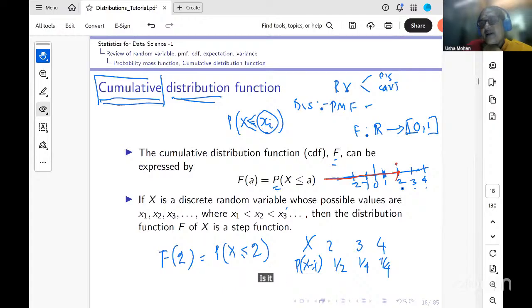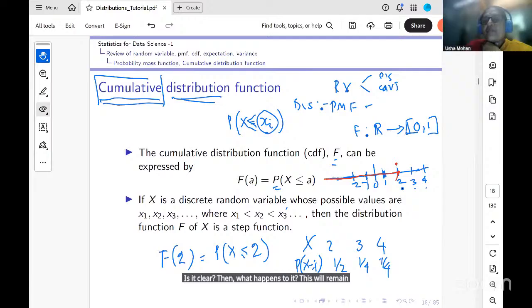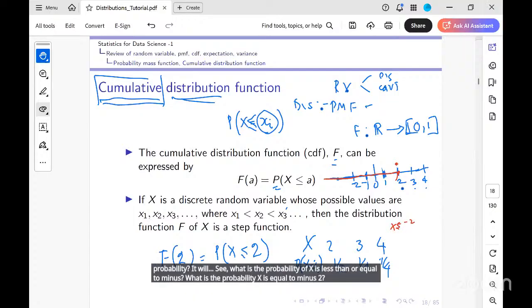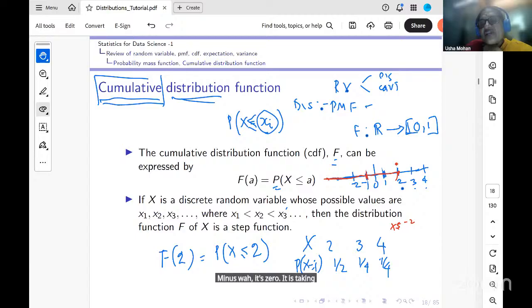Is it clear? Yes, ma'am. Then what happens to it? Let me explain the probability again. What is the probability of X is less than or equal to -2? What is the probability X is equal to -2? 0. -1, it's 0. It is taking the value 0 till this point 2, right?